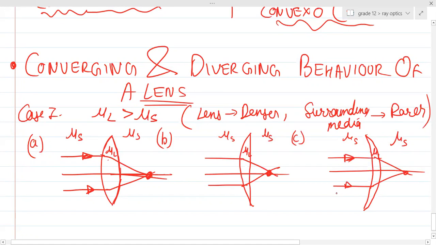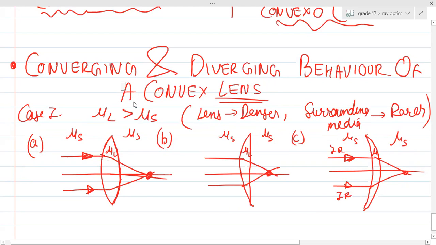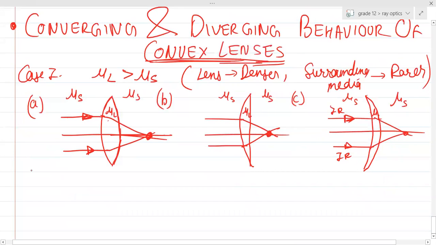Is this clear? Guys, is it clear? I'm discussing convex lenses first, then I'll discuss concave lenses.